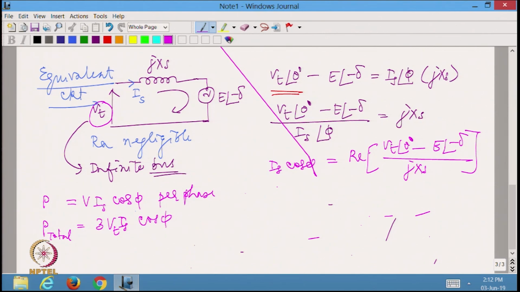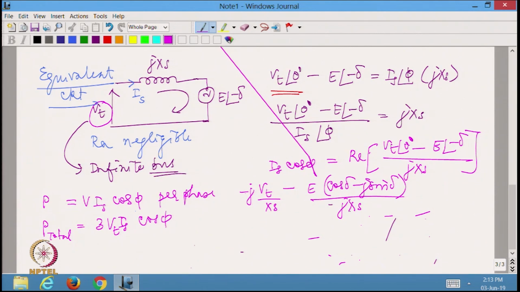Okay. Now, I can write Vt angle 0 minus E angle minus delta. I should be able to write this as Vt divided by Xs, and this is 1 divided by j. This will be essentially minus j, and I am going to have E angle minus delta, right. So, E can be written as cos delta minus j sin delta, right, divided by jXs.